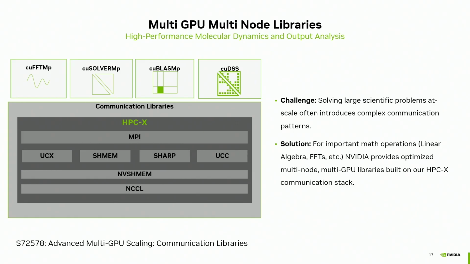Now, from cuFFT MP, which is for large 2D and 3D FFTs, cuSolver MP, which is for large linear solvers, cuBLAS MP for really large BLAS operations, and most recently, cuDSS, which is a new public beta library for direct sparse solvers. Each of these libraries is easily accessible for you to scale your problems across GPUs and nodes while removing the difficulty of distribution and communications.